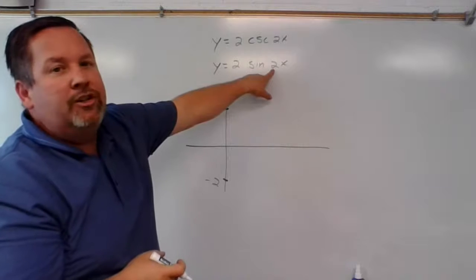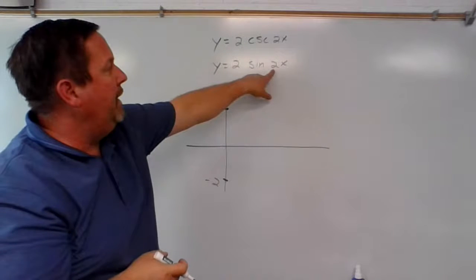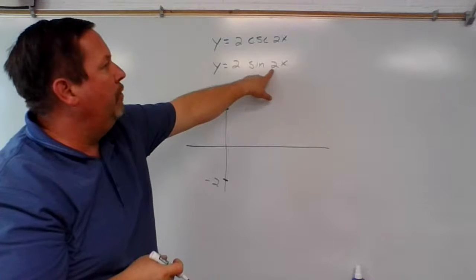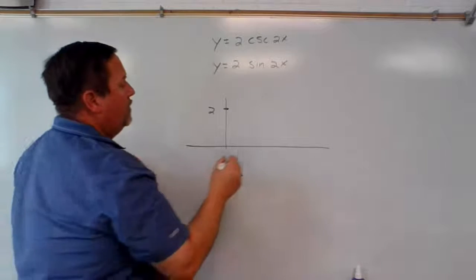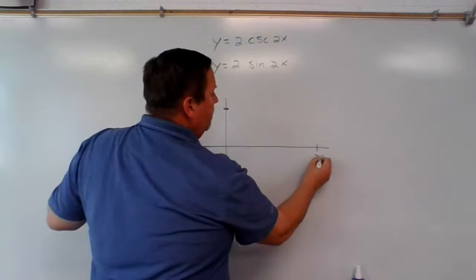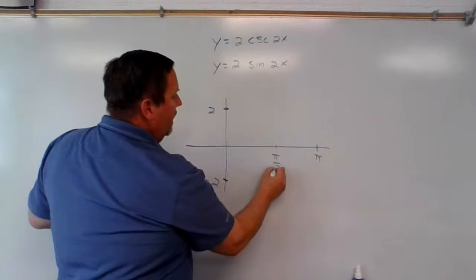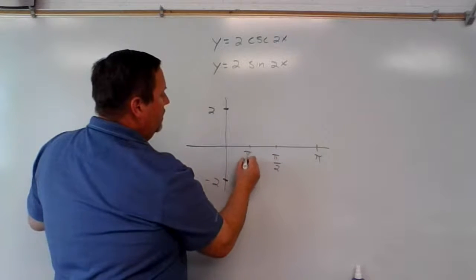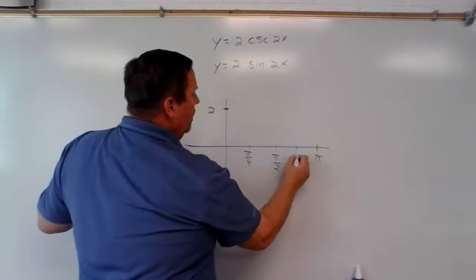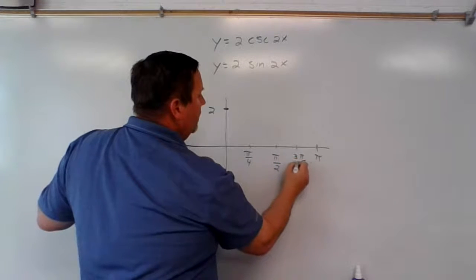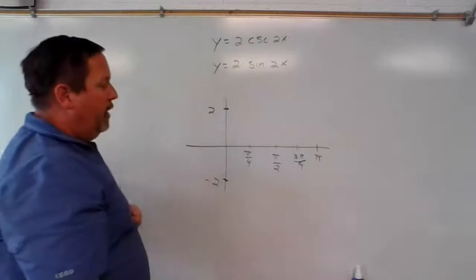And so I know the period is 2 pi over b. 2 pi over 2. I think my period is going to be pi. And if I cut that into 4 parts, I have pi over 2, pi over 4, 3 pi over 4.